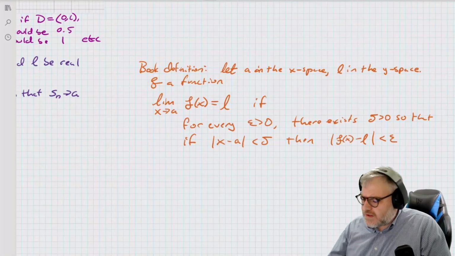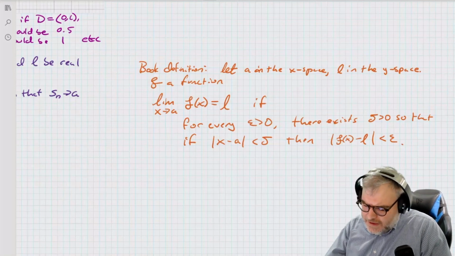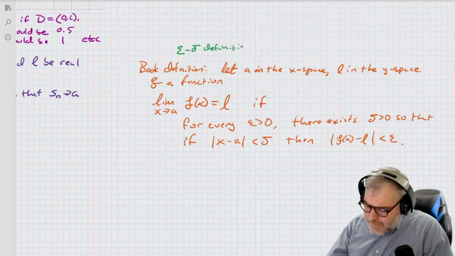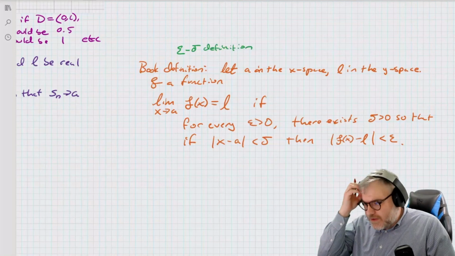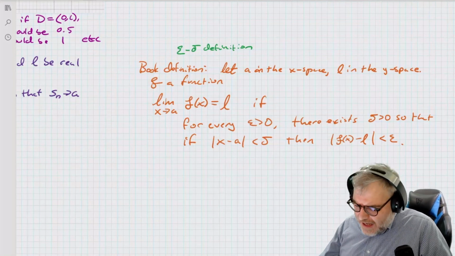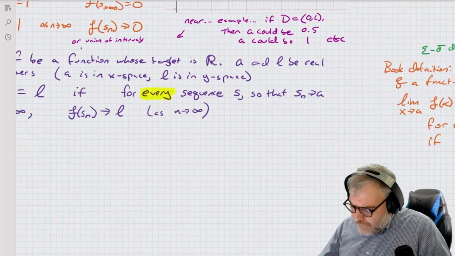This is called the epsilon delta definition. This is what I'm going to talk about next Monday. There is a technical definition that the book has. I prefer this one for our purposes.